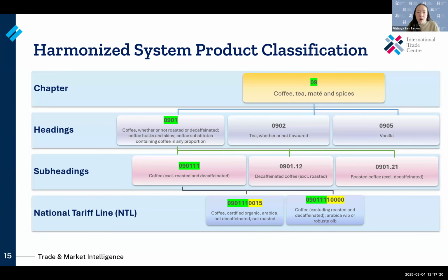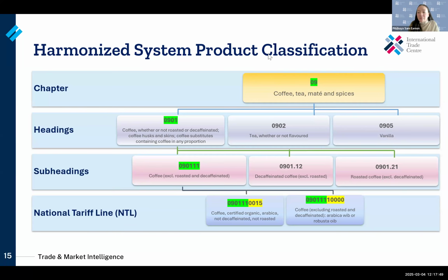This is specifically talking about coffee. And at this level, it's called heading. Then 0902 is about tea. 0905, for example, is about vanilla. There are other codes beyond this, but this is just for the sake of example, so that you see how much more clear it becomes as soon as you add more numbers to the code.